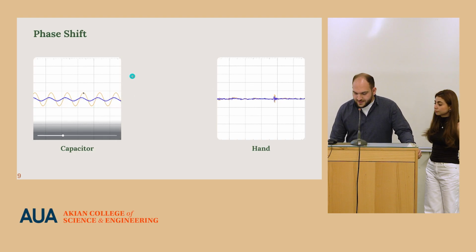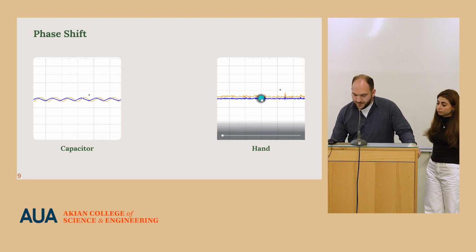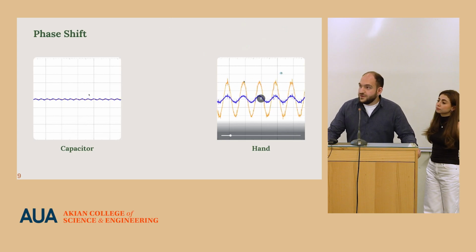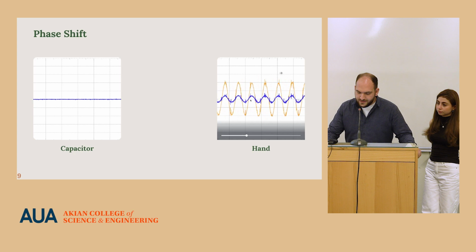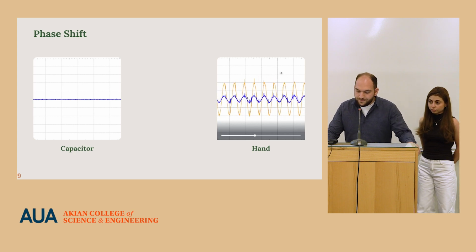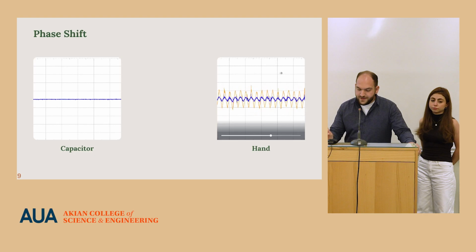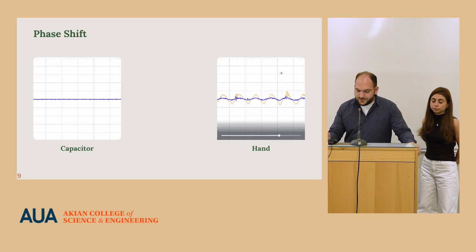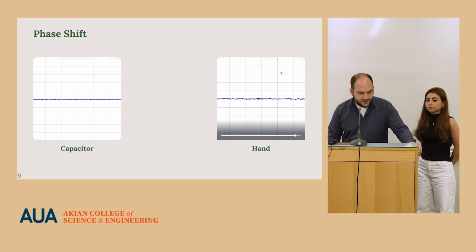On the right side, I connected the system to my hand, and here you can see that it adds some noise because our hand is not an ideal capacitor circuit, and at the highest frequencies you can note that the phase between the voltage and the current changes as well. So this confirms the correctness of the measurement.